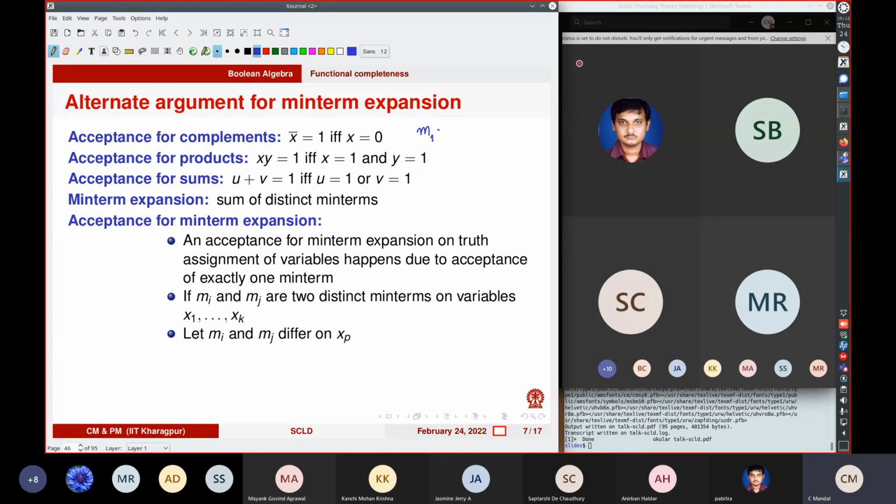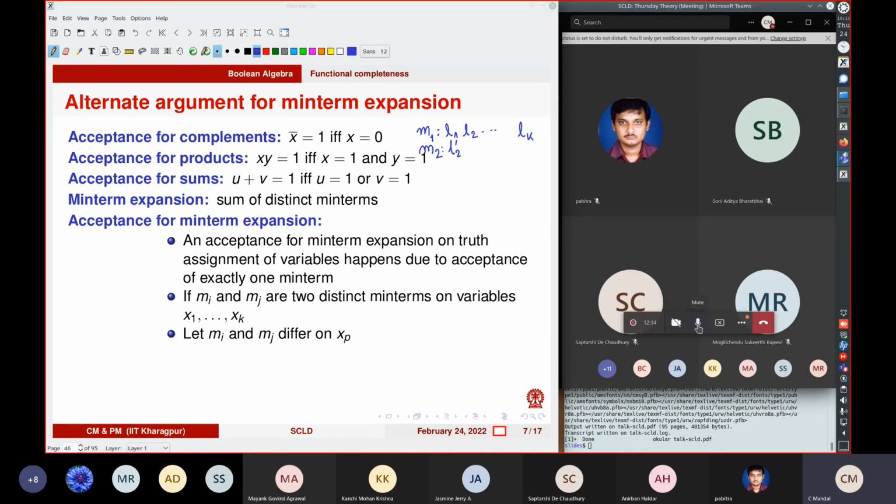So m1 is, say, you have l1, l2, lk. Okay, and m2 you have l2 dash.